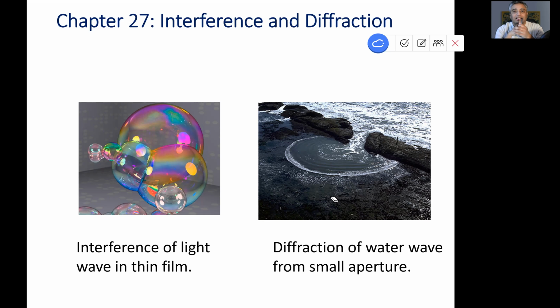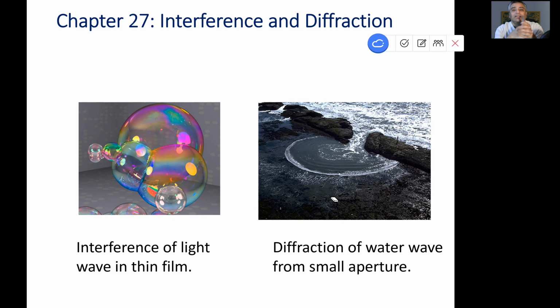But yes, light travels in a straight line, but when it has to pass through a very small door, how small is small? When the opening of the door becomes about the size of the wavelength of the light, even when it is just passing through the air, through that small opening, it can bend.